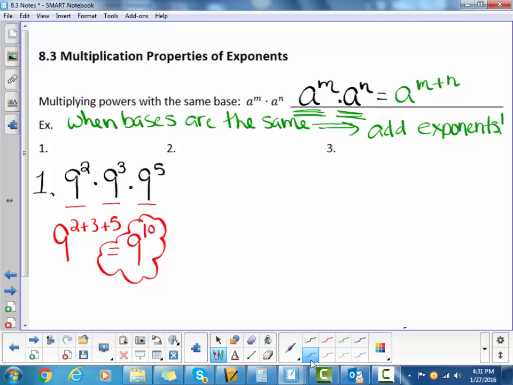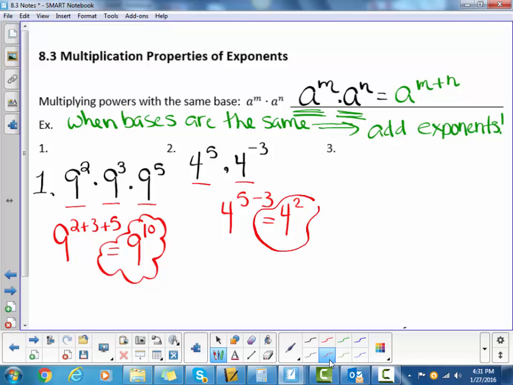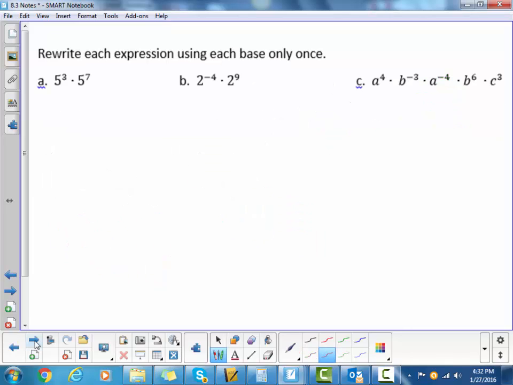Again, you're just adding the exponents. Let's try another example. 4 to the power of 5 multiplied by 4 to the power of negative 3. Again, the bases are the same, so I rewrite this as 4 to the power of 5 minus 3, which is the same thing as 4 squared. Again, when the bases are the same, you add the exponents.